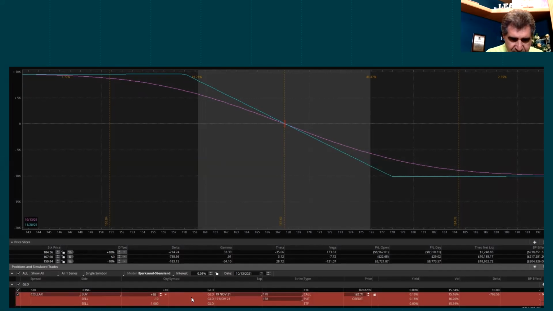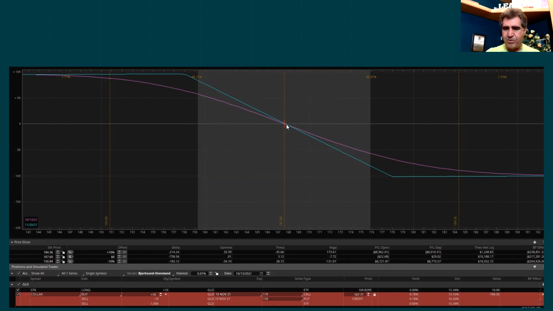Just look at this. Oh, that's the reason. This should be reversed. My apologies, I have to change this. By the way, this actually shows we bought 10 calls and sold 10 puts. It should be the opposite. So this whole thing should be reversed. So this will be up here and this will be down here.